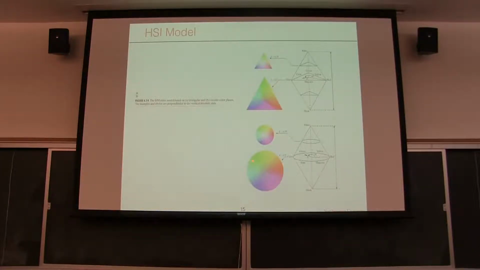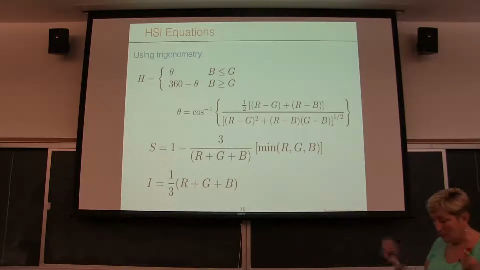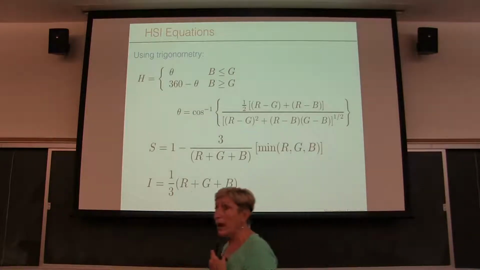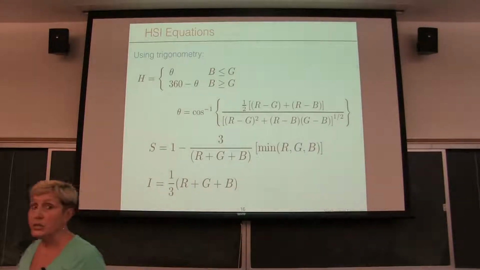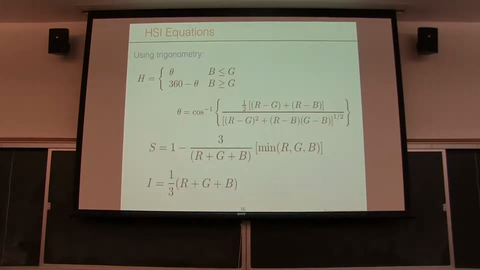Now I can put this back into the cube by having the relationship between RGB and HSI. You'll notice that these equations look a little uglier than the equations I had, for example, to go from RGB to the luminance YIQ model.